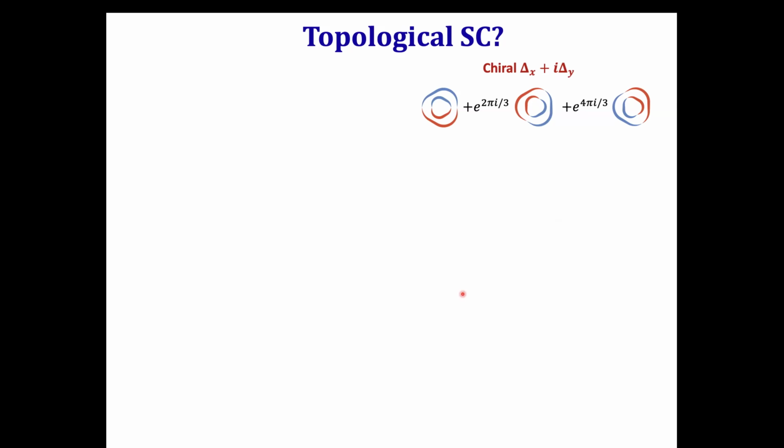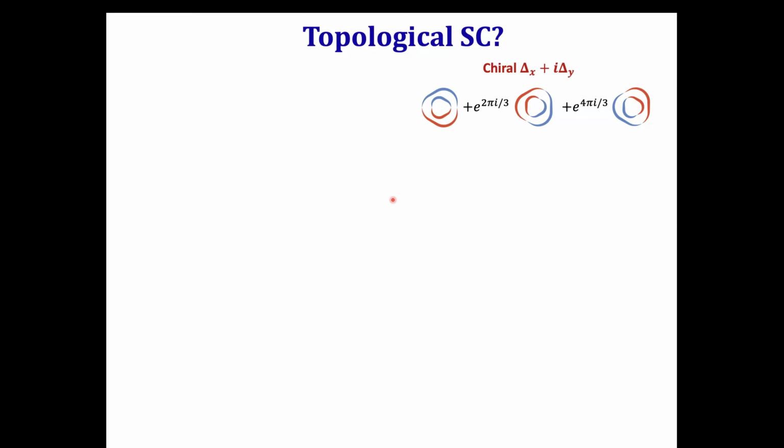First of all, an interesting question is theoretically, is this actually a topological superconductor? You know that a chiral P wave in a singly connected Fermi surface would be topological. It would have chiral edge states and so on. Is this type of superconductor that we predicted here topological?